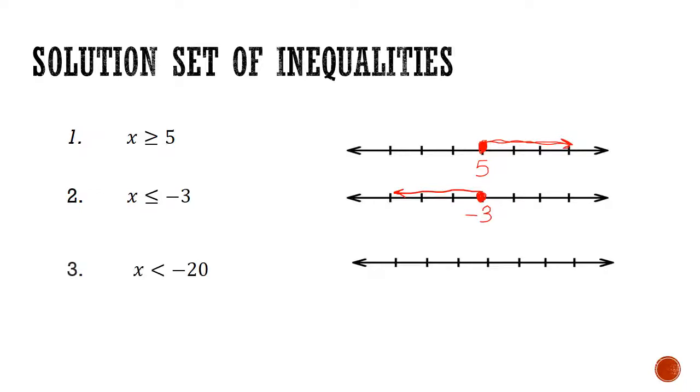We have x is less than -20. Again, in this solution set, we have -20, but -20 is not included in the solution set. That's why I'm going to make an open circle. I'm including every single number less than -20, so I'm going to shade to the left.